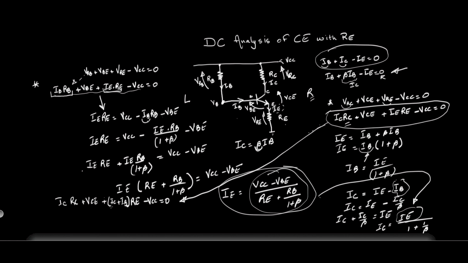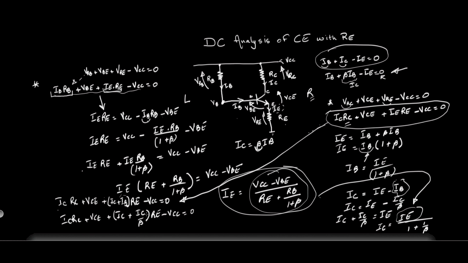Okay, so what can I do with this? A lot of things. You could factor out the ICs from this side. You could replace IB by, so you could do something like this, IC RC plus VCE plus IC plus IC over beta times RE minus VCC equals 0.